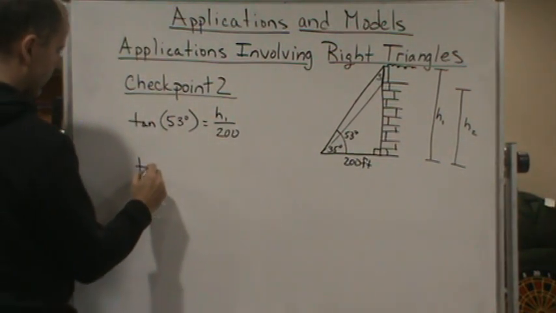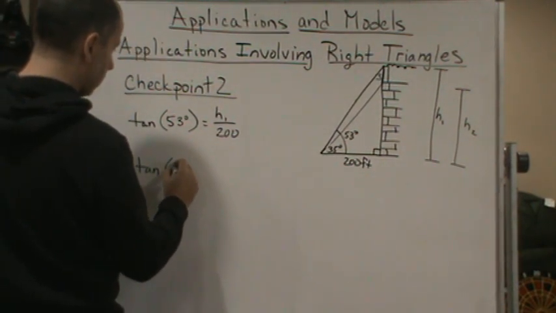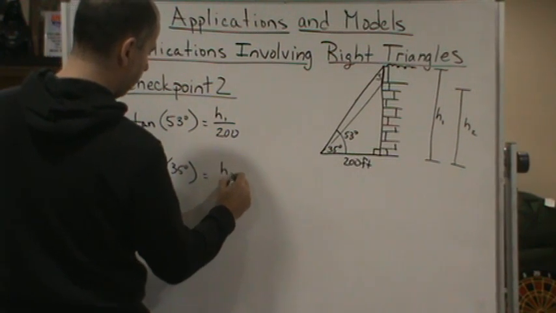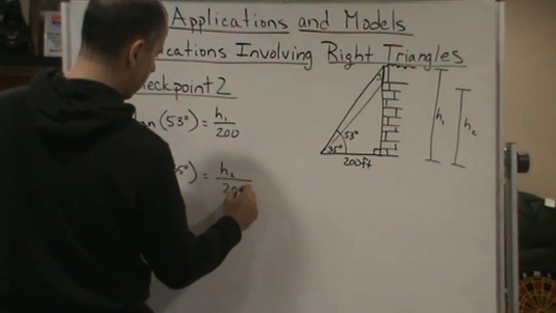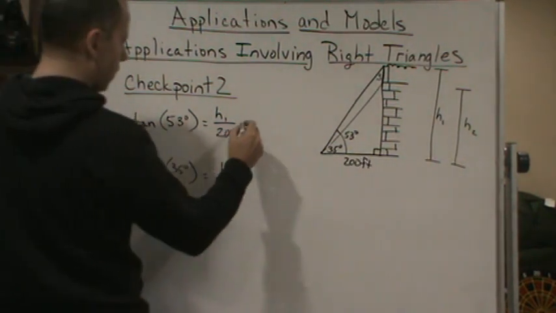And then we've got tangent of 35 degrees is going to equal H2 over 200 feet. And so what are we going to get?